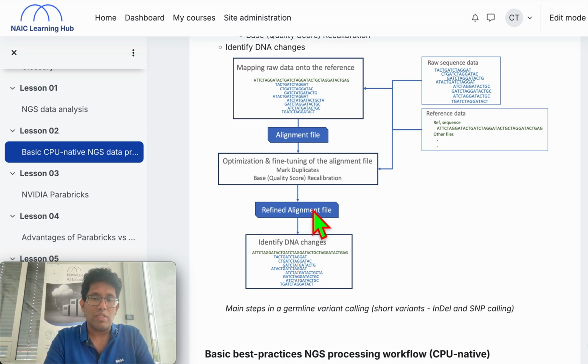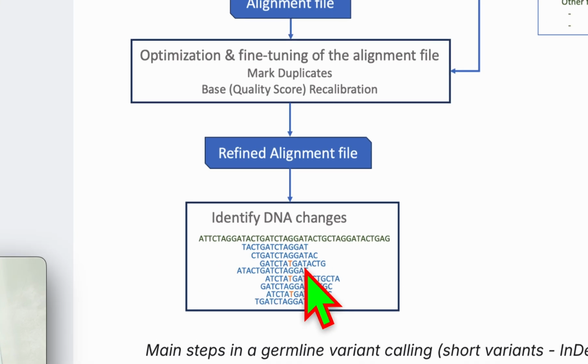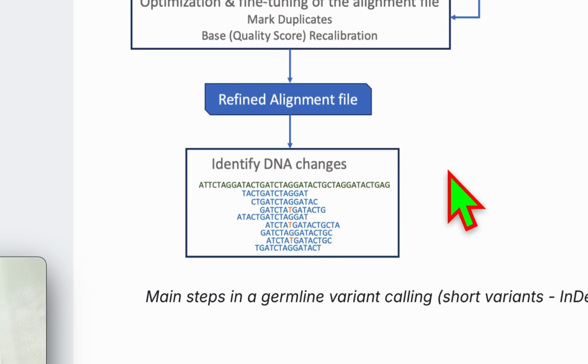This goes to the next stage of a workflow, which is the stage that identifies DNA changes in the alignment file. This variant detection is one of the crucial steps in a variant calling workflow.